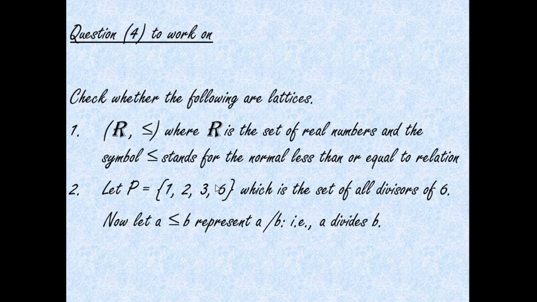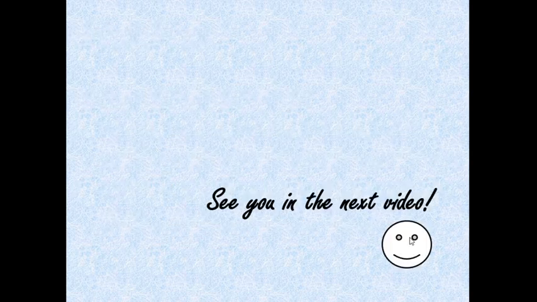Similarly, 2 divides 6, and 3 divides 6. That's how the relation comes. So you have to give the relation, what is the binary relation, and you have to check whether that also forms a lattice. So that is all for today.